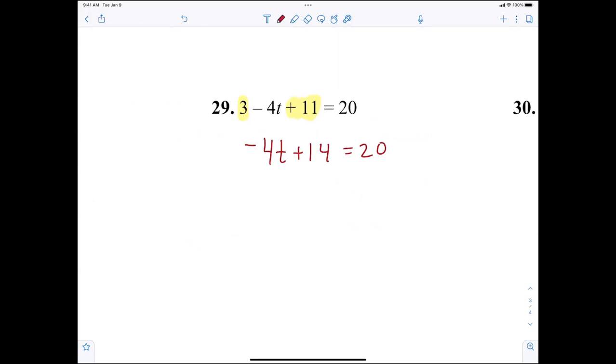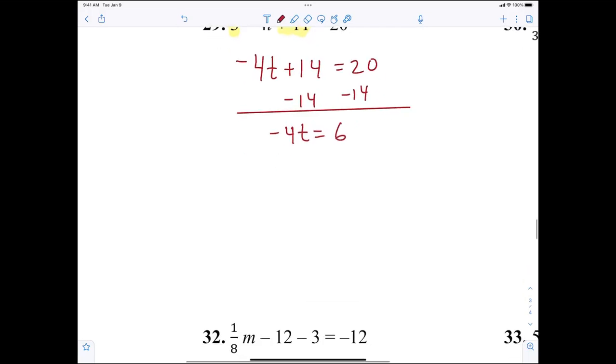Now what? We add that to -4t. No, sorry, I meant subtract 14 to 20. Subtract 14. I got carried away there for a second. So we get 6 for that one.